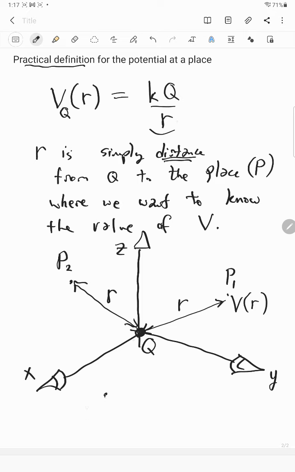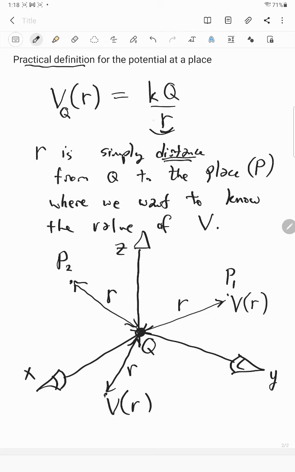And if you check this other place down here, which seems to have maybe a negative z value and some values for x and y, but if it's also the same distance away, you're going to calculate the same value of the potential. But if you go a different distance away, then you're going to calculate a different value of the potential. If you go out to a larger value of R, then your potential is going to get smaller.